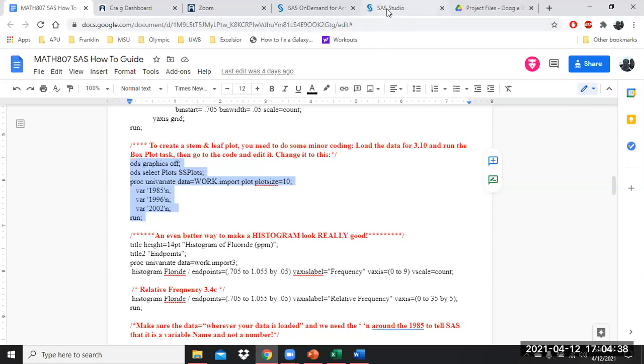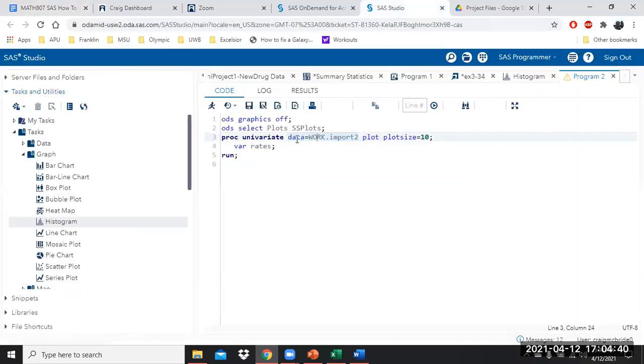And really the only thing I would have to change is my data call out, because I'd have to make sure that I'm now calling out the new data set that I'm using. And I would have to change my variable names, because obviously my new data set is going to have different variable names than my old data set. And the rest is kind of a skeleton that you can play around with. And that's just something to think about if you do want to keep these coding snippets and use them later.